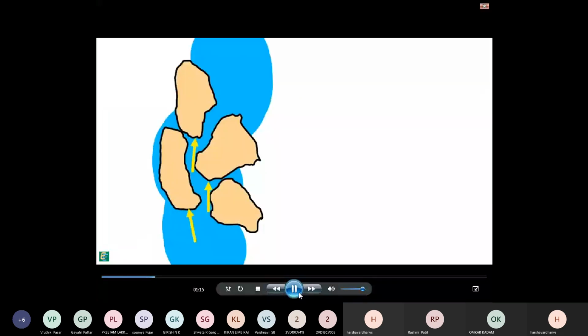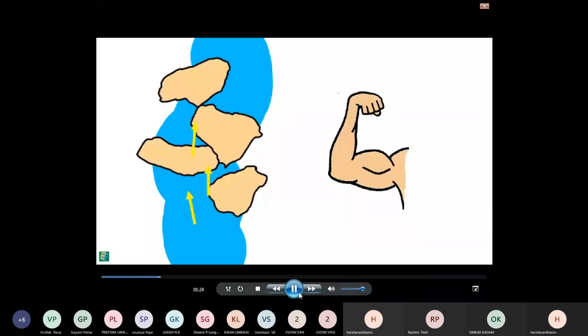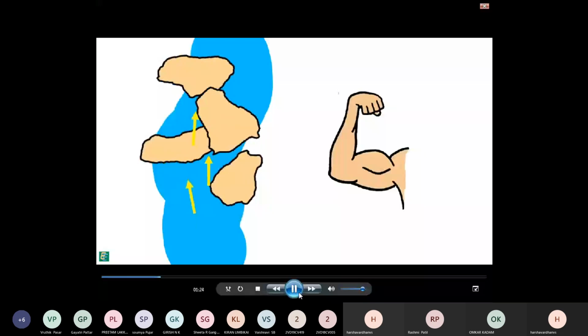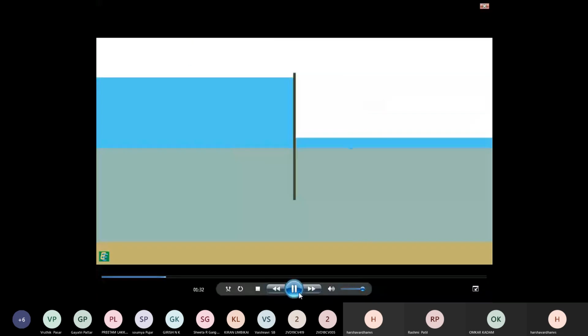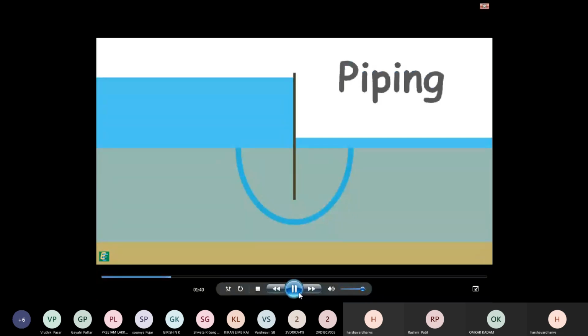When the water is flowing through the particles, some of the pressure or the force is applied on the particles as well. So if the pressure is more, these particles will get displaced. If the particles get displaced, a pipe-like structure is formed, and this is called piping.